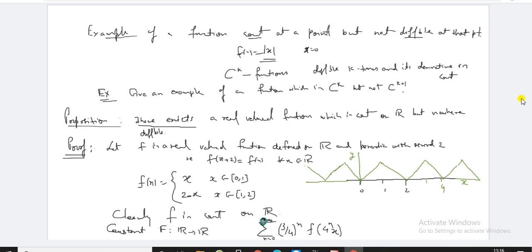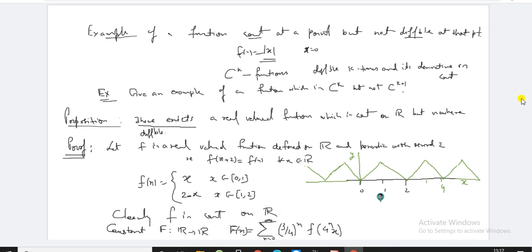We'll soon see that this infinite series is convergent. So this converges to some function, and let us call that function F(x). In fact, it converges uniformly and absolutely on the whole real line.